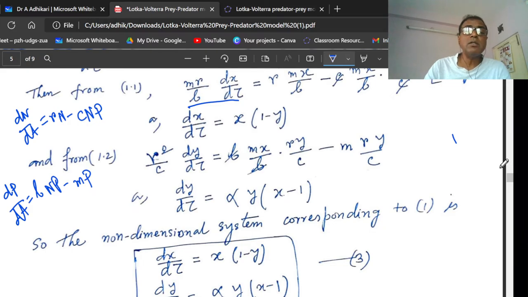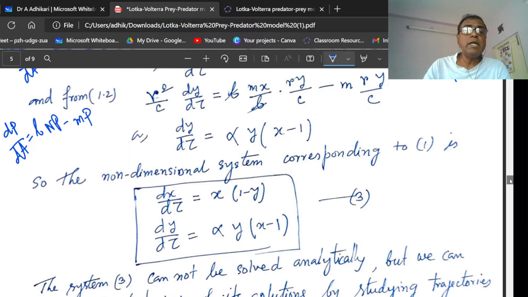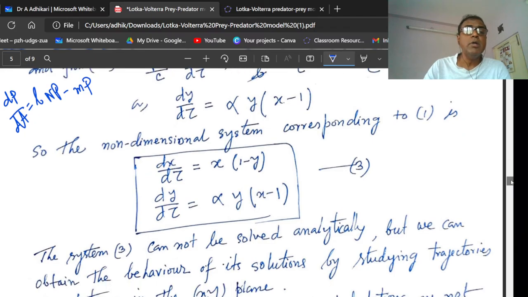So the non-dimensional system corresponding to system 1 is dx/d tau equal to x into bracket 1 minus y, and the second equation is dy/d tau equals alpha into y into bracket x minus 1. Call this 3. The main advantage of this non-dimensional system is that in system 1 there are 4 parameters, but in this system we have only one parameter, alpha.